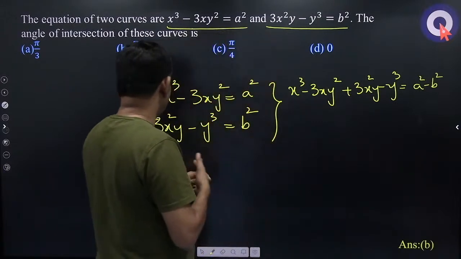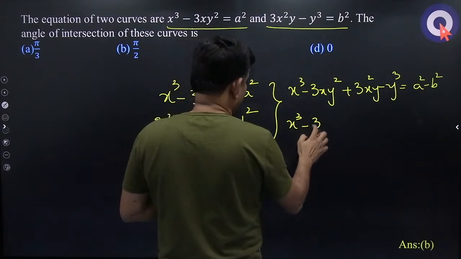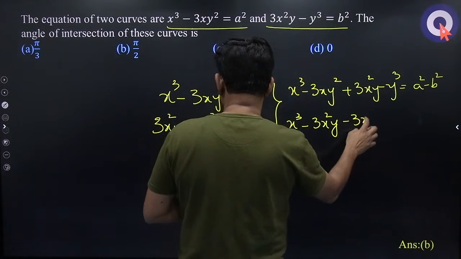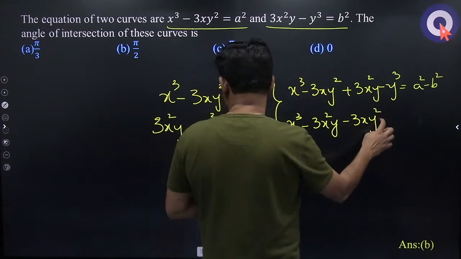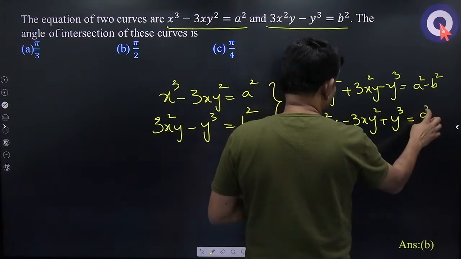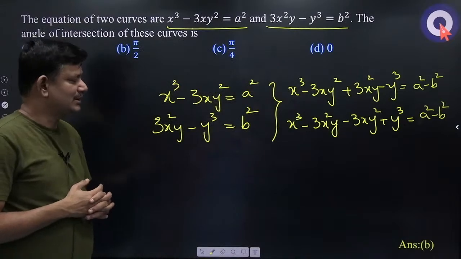If I subtract them, what am I getting? x cube minus 3x square y minus 3xy square plus y cube is equal to a square minus b square.